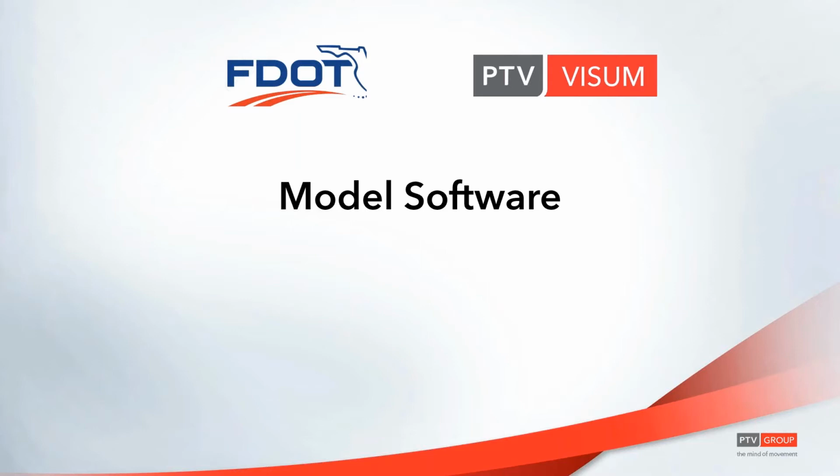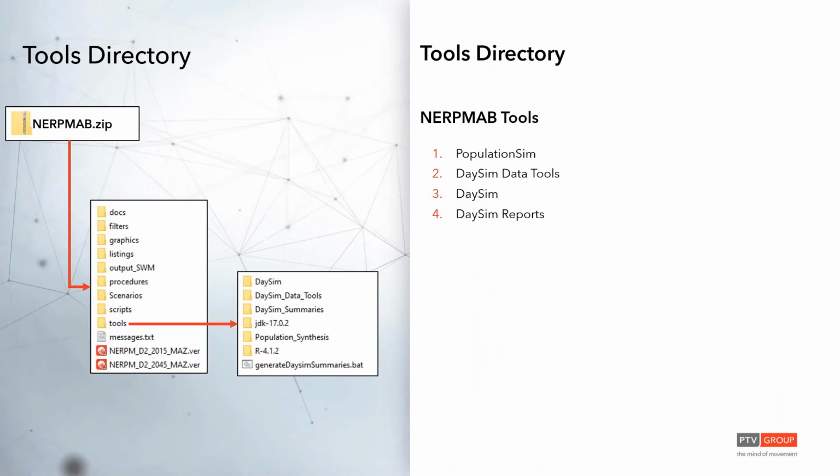So ABMs generally require a population synthesizer, and then there could be very specific input data needs for ABM. So there could be other dependencies or software that create those custom inputs for ABM. We'll go through the various software or tools that you would come across when working with NERPMAB.